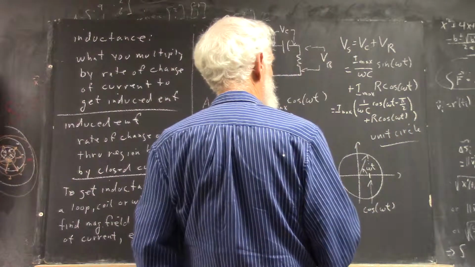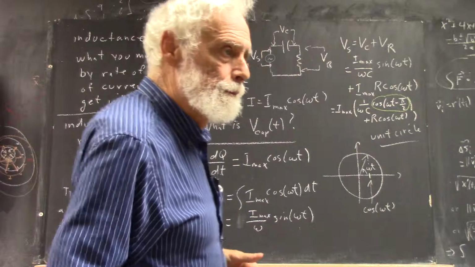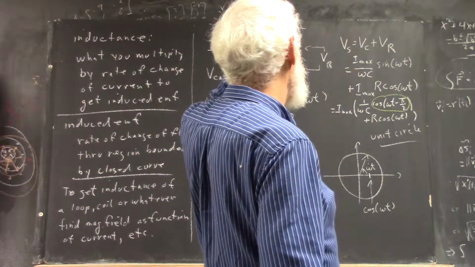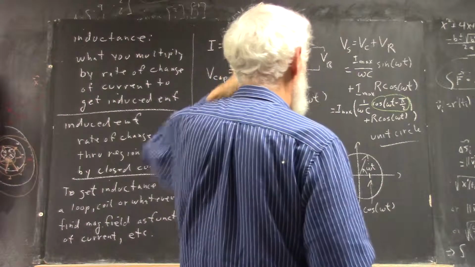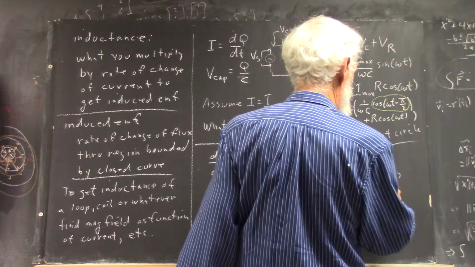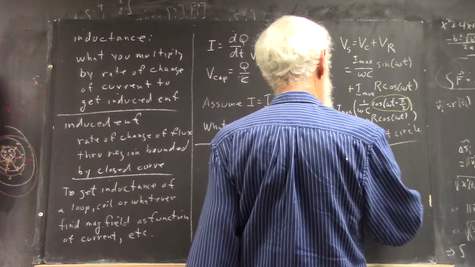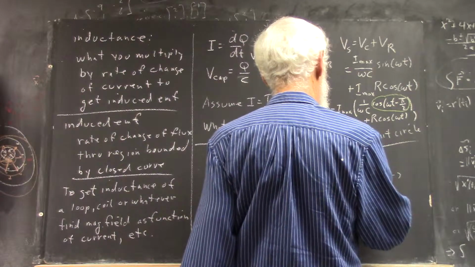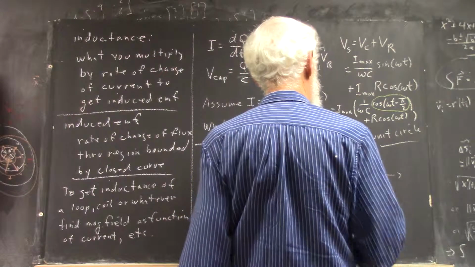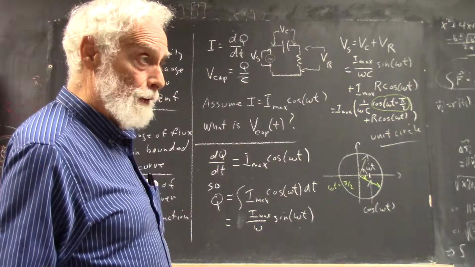So we have this, and this cosine of omega t minus pi over 2 can be depicted on this very picture like so. If this is omega t, then this angle here is omega t minus pi over 2. Make sense?